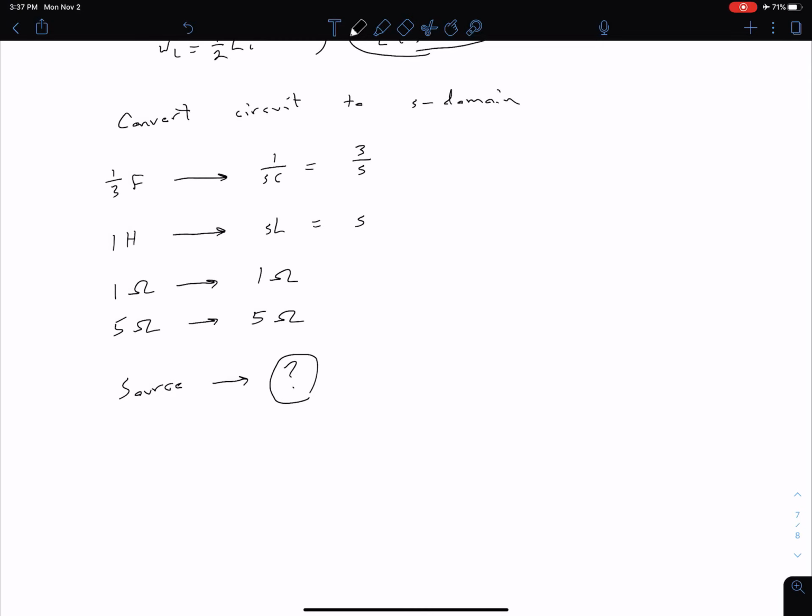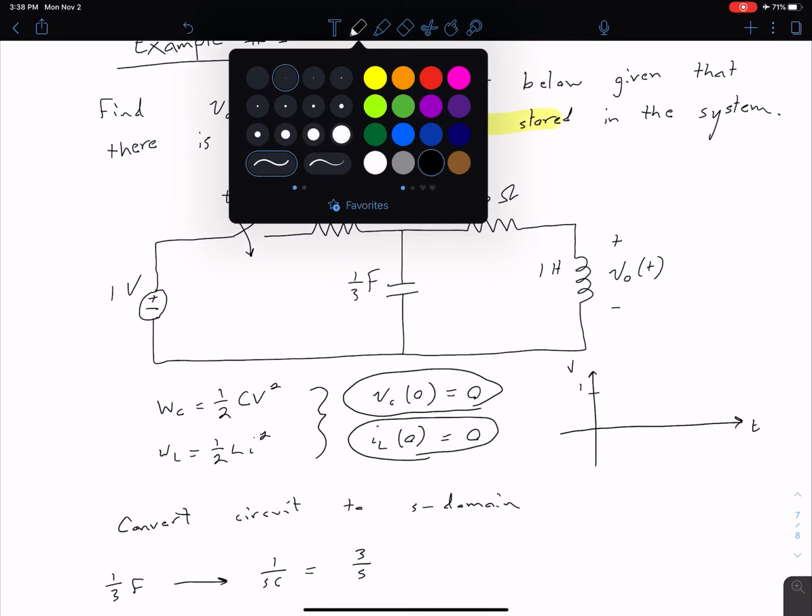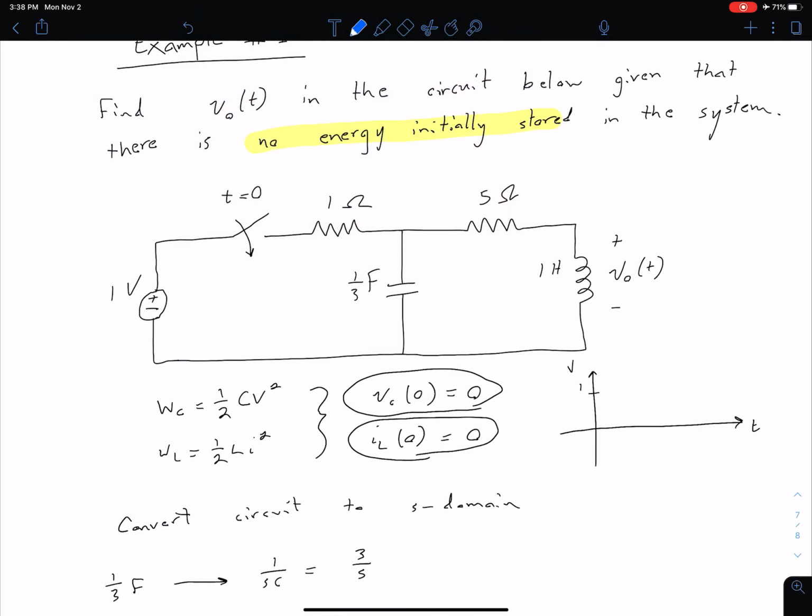So what we can see is that for t less than 0, we essentially have no voltage applied to the circuit. And then for t greater than 0, we have 1 volt. So if we were to graph that over time, so let's say we had time, and this is our voltage input, and we know it's going to be 1 after some point, what we would have is something that looks like this.